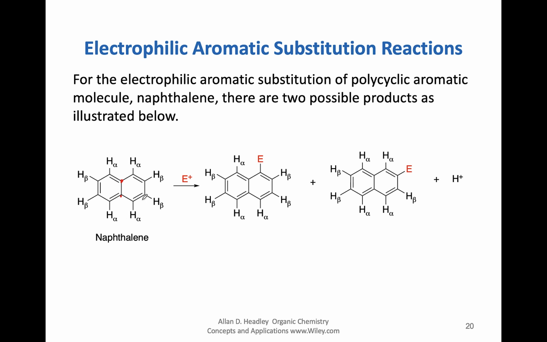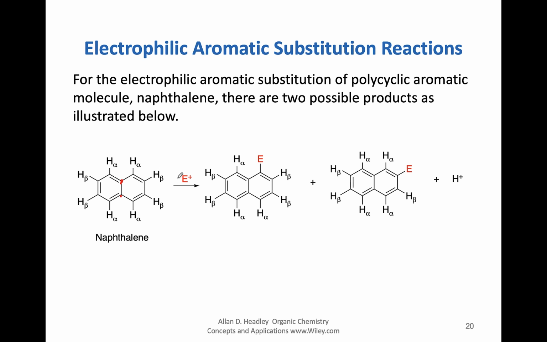So we have 4 hydrogens that are the same and are described as H alpha. We have here 4 hydrogens that are the same but different from the alpha. We describe them as beta, because alpha, beta, 2 carbons removed from the ring fusion right here. So these 2 hydrogens are different.